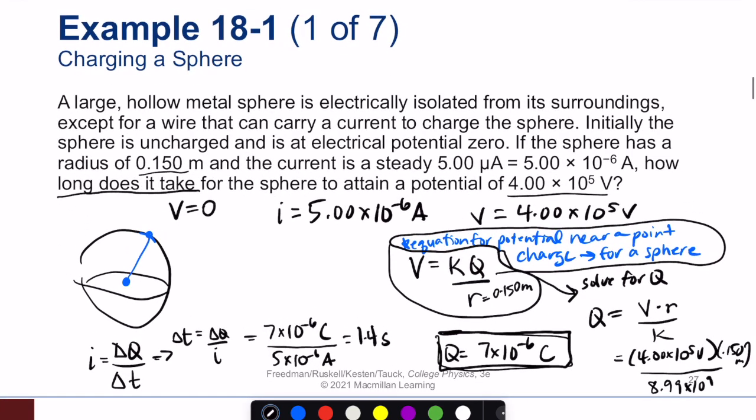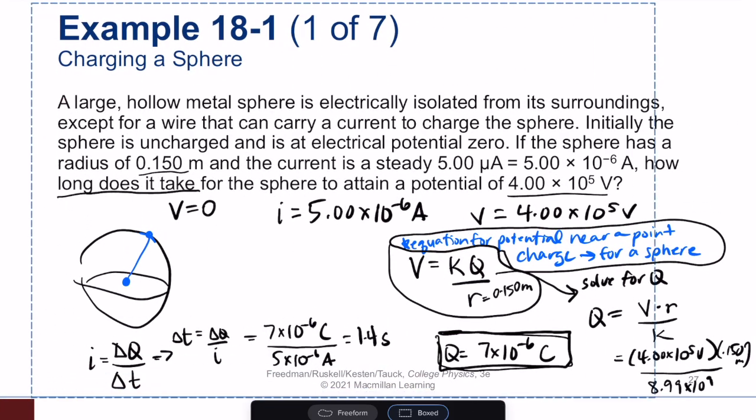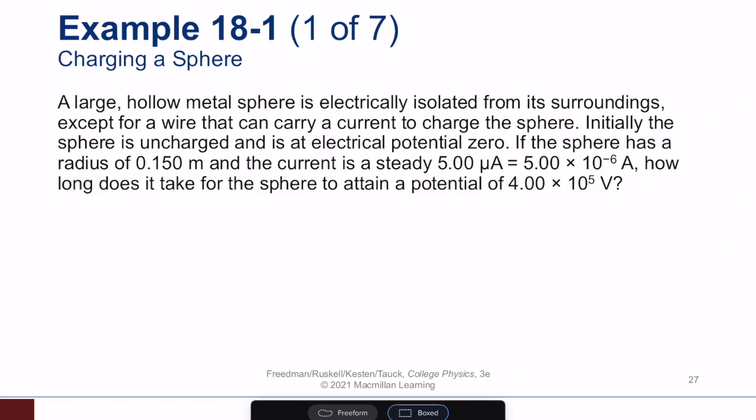So let's take a look at this example. In this example, we're going to charge a sphere using current. We have a sphere, it's hollow and it's electrically isolated, which means it's uncharged, and it's not going to get charged by touching anything else.